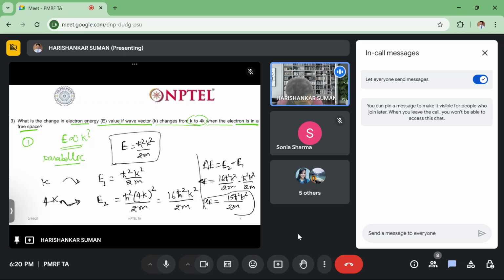So the change in energy will be 15 h-bar square k square by 2m. Clear? Any doubt?